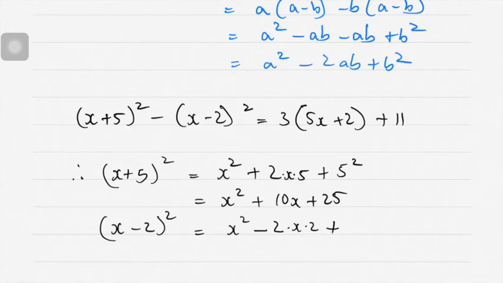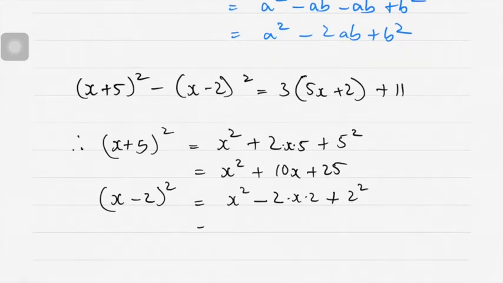Plus b², which is 2². So x² − 4x + 4. Okay.